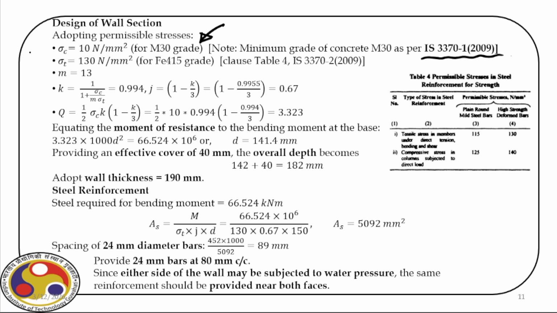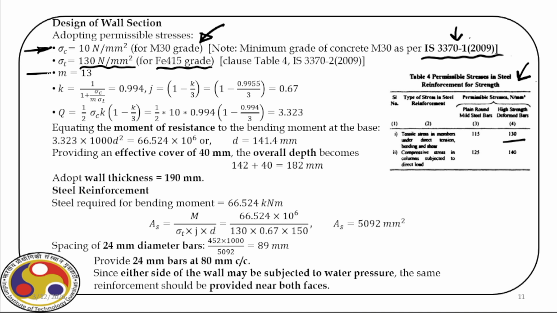So sigma C is 10 Newton per millimeter square, and sigma T is 130 Newton per millimeter square, because we have a grade of steel which is Fe415. And you can see the table here, table 4 of this code, that tells us the permissible values of sigma T, which is 130.